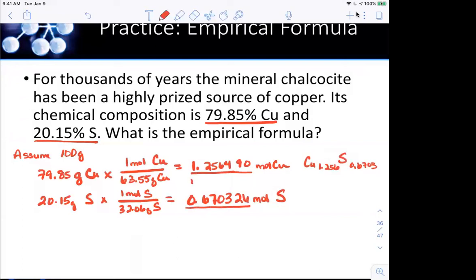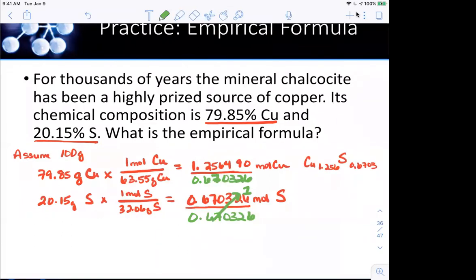So I'm going to divide by the lowest, which is this guy. I'm going to use a different color. So I have 0.670326 divided by 0.670326. Well, this is going to go to 1.